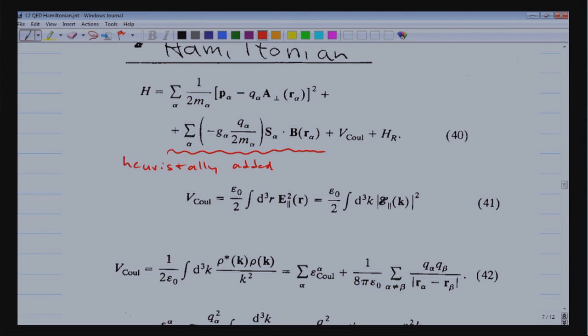Well, the spin, if we multiply it with a g factor and the Bohr magneton, has a magnetic moment, and what we simply add here is mu dot B, the interaction of a magnetic moment with the magnetic field. So we have been classical all the way, and at the end we said, okay, we need the spin, so let's put it on by simply adding an interaction which is mu dot B.